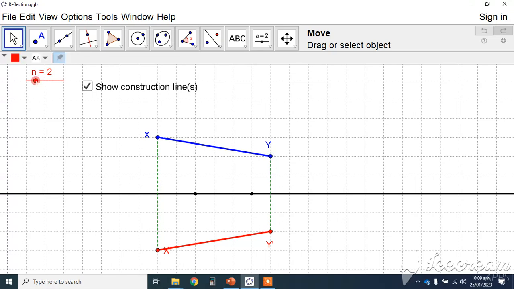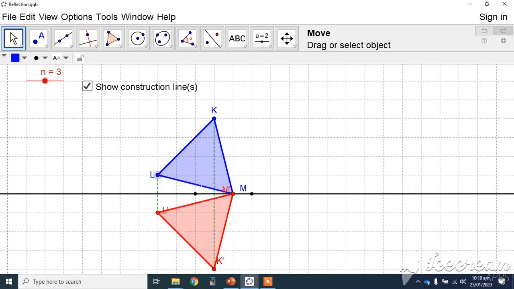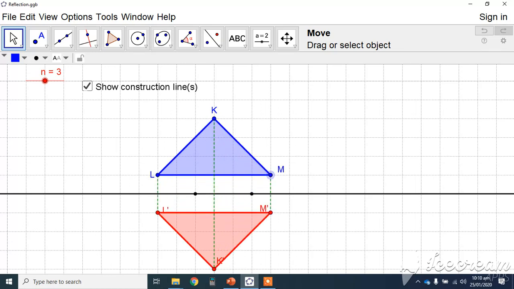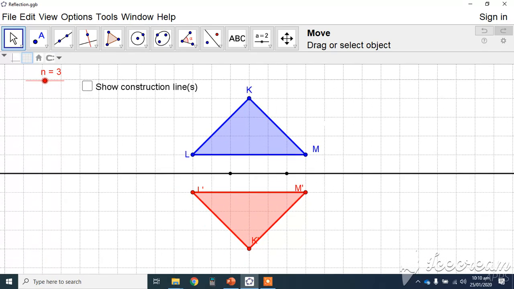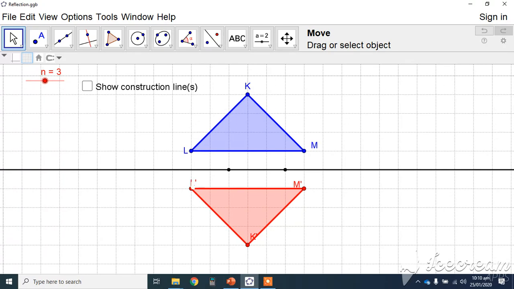All right, let's step up to a polygon with 3 sides, a triangle. So let's just move things around a little bit and get my bearings, take the constructions away for a moment. So here we go. Here's our triangle KLM, and it gets reflected across here to L dash, K dash, and M dash.